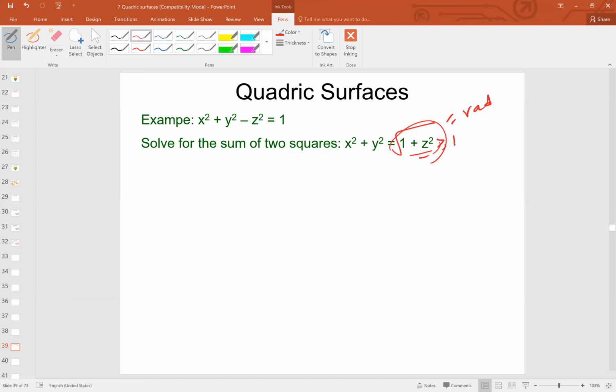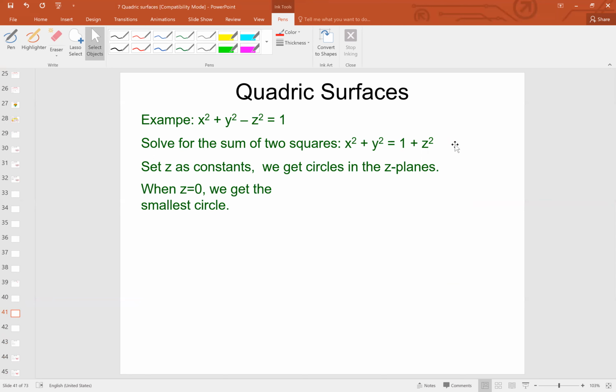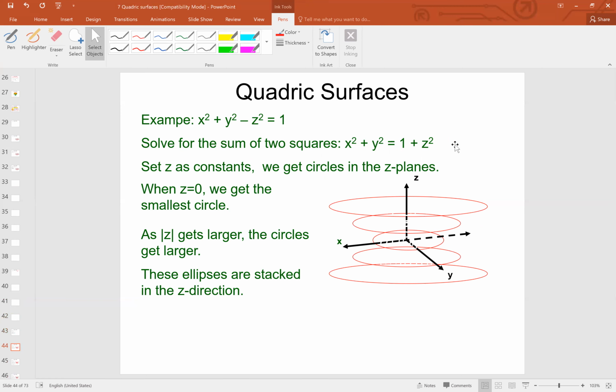Let's take a look at the trace, setting z equal to a constant. Here is when z is equal to 0. Then you get the equation x squared plus y squared equals 1. In other words, in the xy plane you have a circle with radius 1.